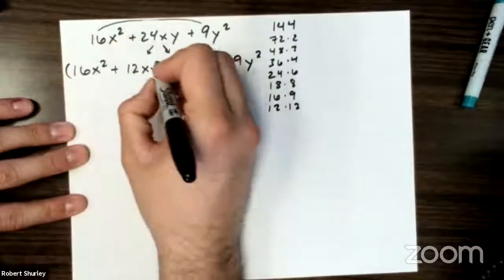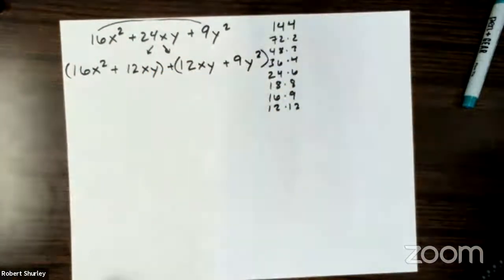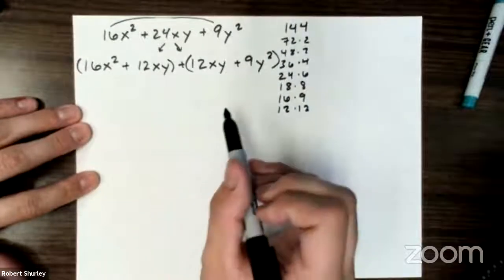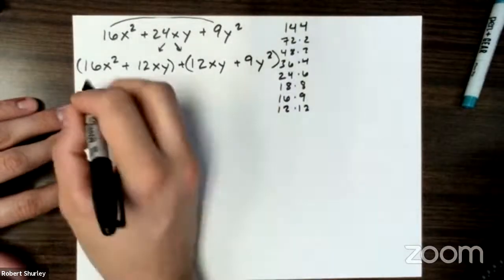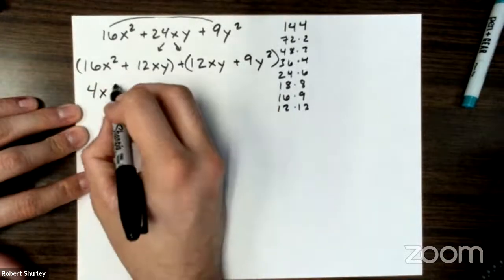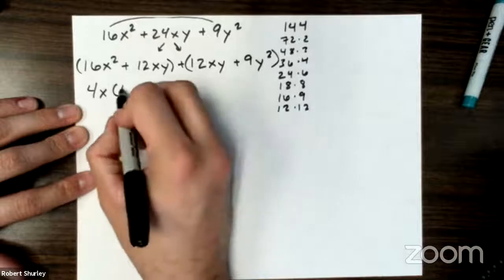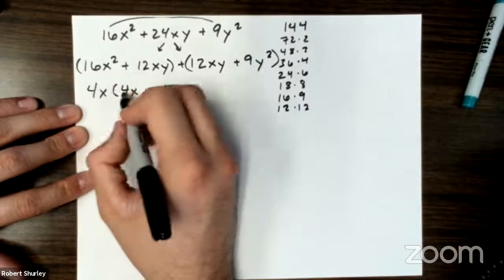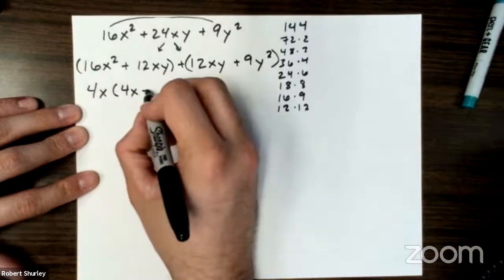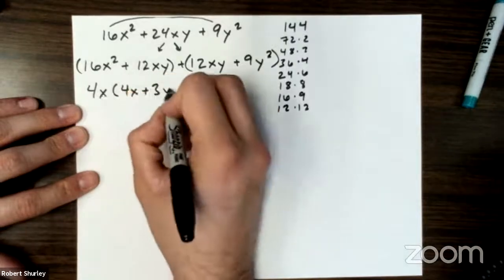And now we're going to put parentheses around the first two and the last two. I can factor a 4x out of the first one. And I'm left with 4x, that's 4 times 4, 16, x times x is x squared, and 3y, right?